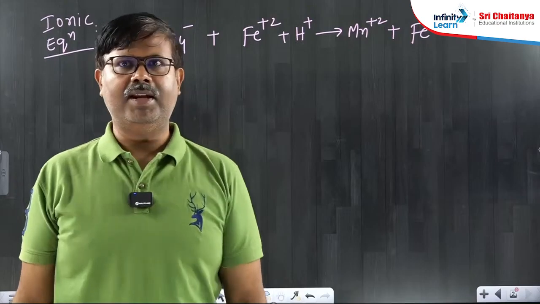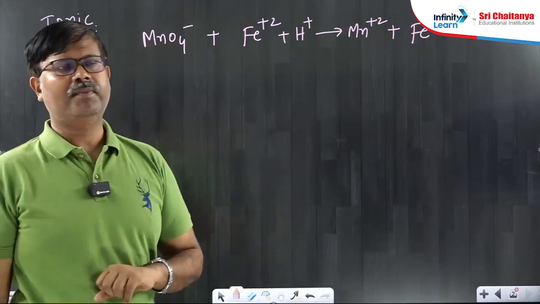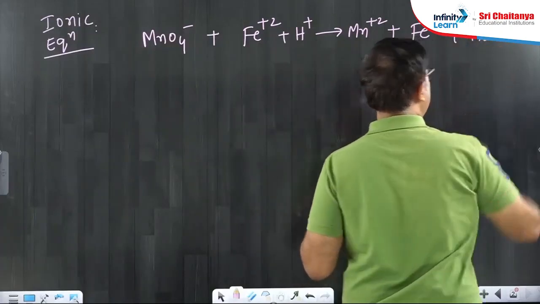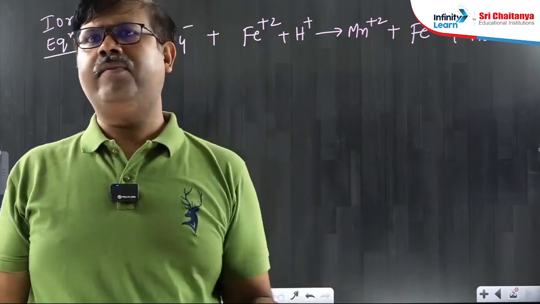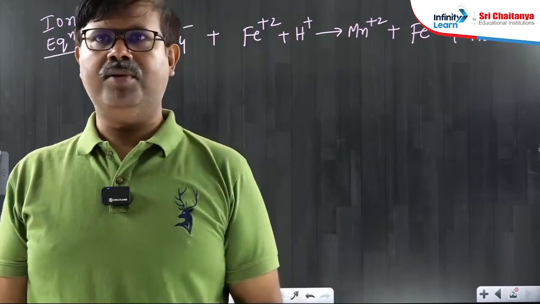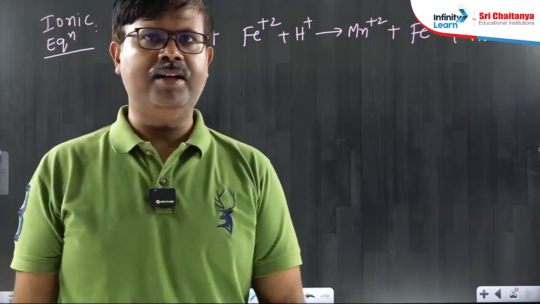Suppose there is an equation like this. Then how to balance this? Actually, sometimes they will give water, sometimes they don't. You have to use that finally for balancing purposes if required. It's not compulsory that they have to give it. We can utilize that at any point.